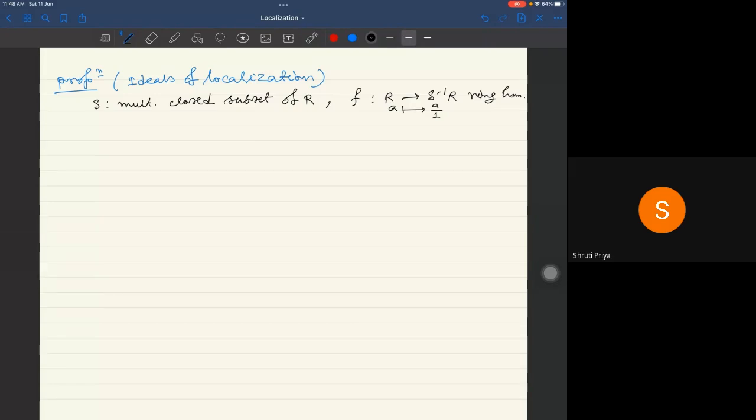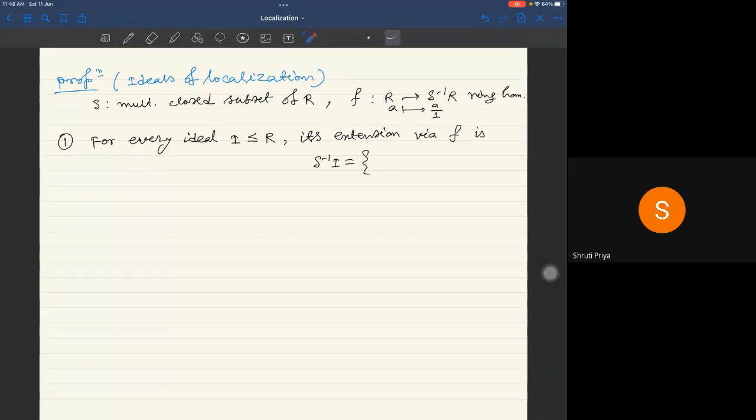So, now first observe that for every ideal I of R, can you construct an ideal of S inverse R? What about its extension via this map f? So this extension via f is given by, you can verify, this set.